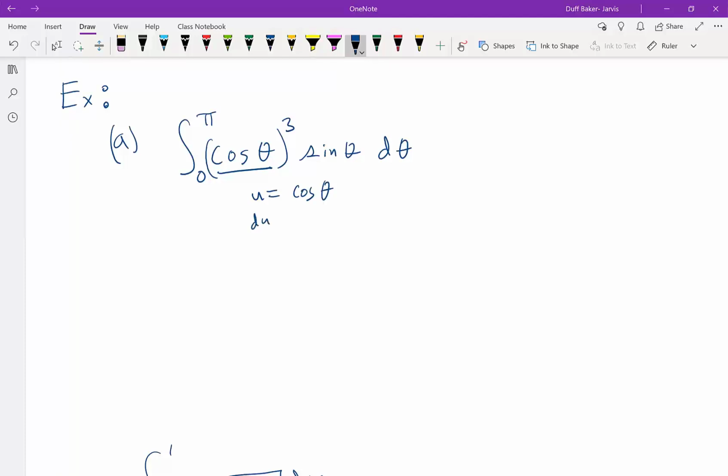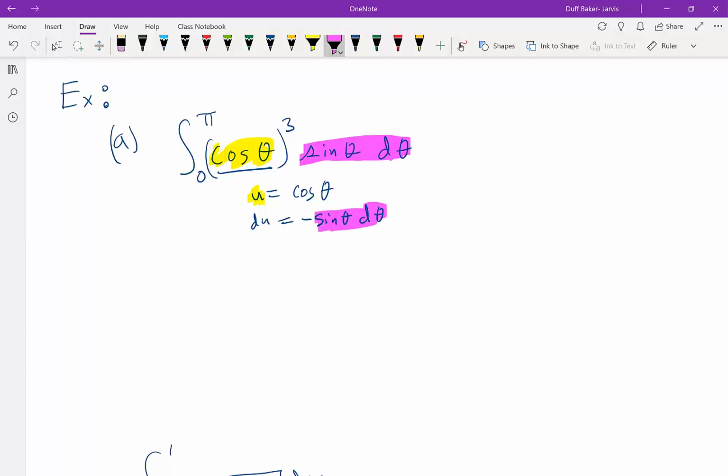Then our du has to be the derivative of cosine, minus sine, and then we just tack on d theta, right? And now we try to match things up. So the cosine theta here will get replaced with the u. And then I see a sine theta d theta, so that's only here, right?